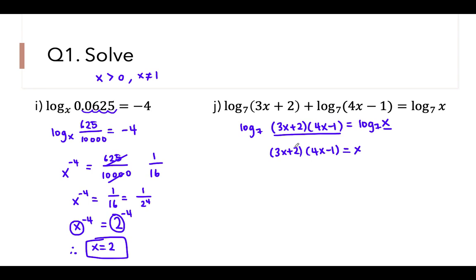Then I'm going to do the distributive property, front, outside, inside, and last. And then I'm going to bring x to the other side. So it's going to be 12x squared plus 4x minus 2 equals 0.